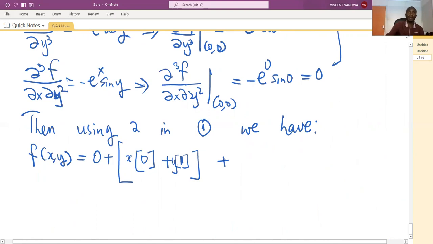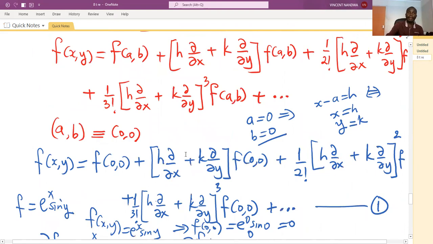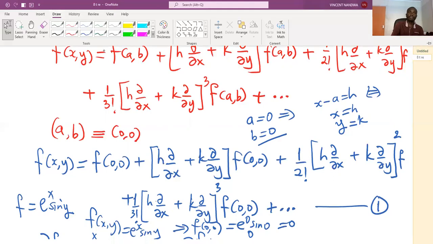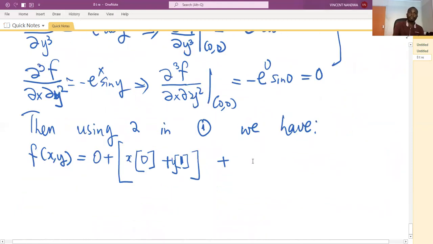Plus, now this part, I remember this one from what we trained first. So maybe just write this one in expanded form. Just pause this one first.